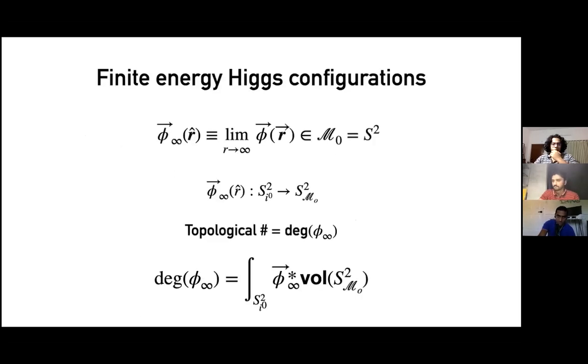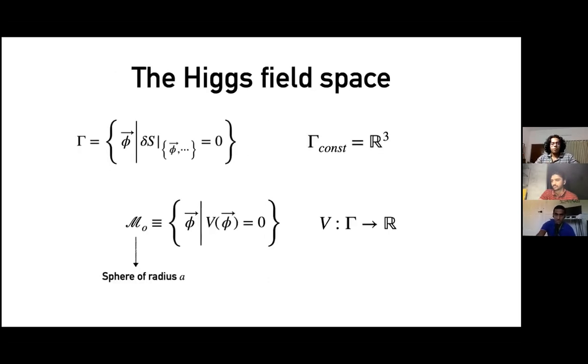So now what I have is these phi infinity of r hat, as I call them, which is basically the limit as you take r to infinity of the field configuration phi. And those, as we know, for finite energy configurations, have to belong to this curly M naught, because I want V to be zero. If I take phi and plug it into V, it has to be zero.